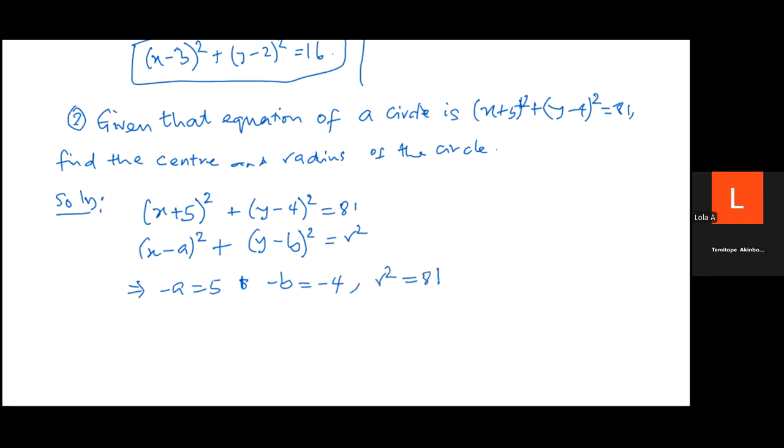So minus a equals 5 becomes a equals minus 5. Minus b equals minus 4, minus cancels out, so b equals 4. Then r squared equals 81, so r is the square root of 81, and that is 9.